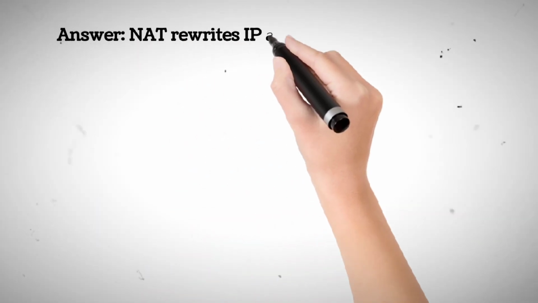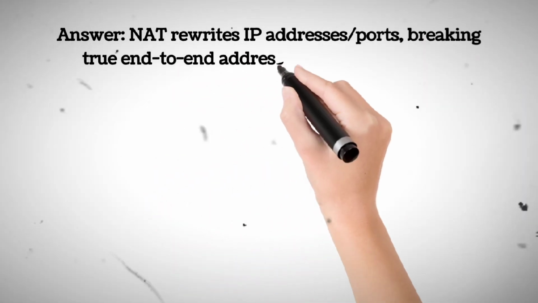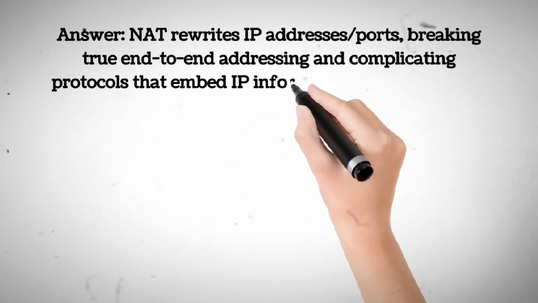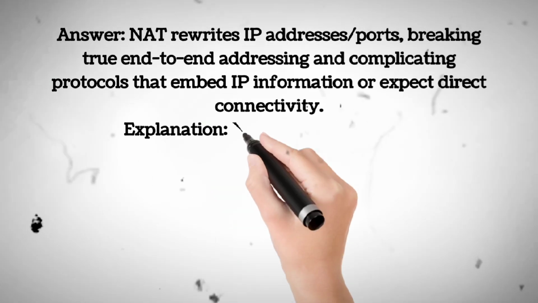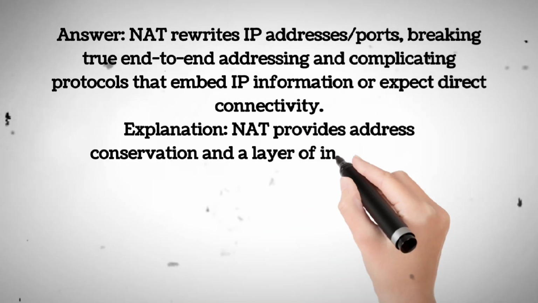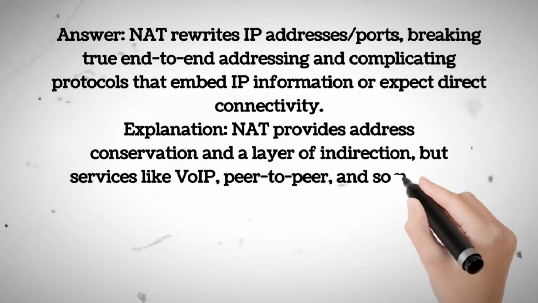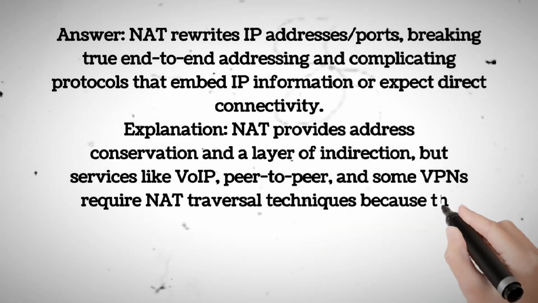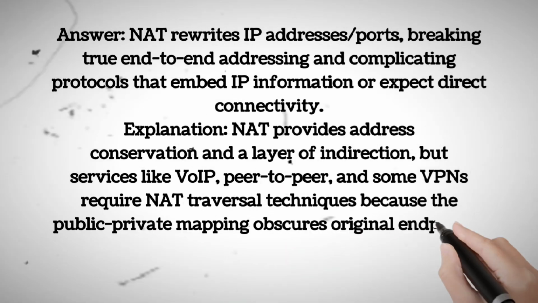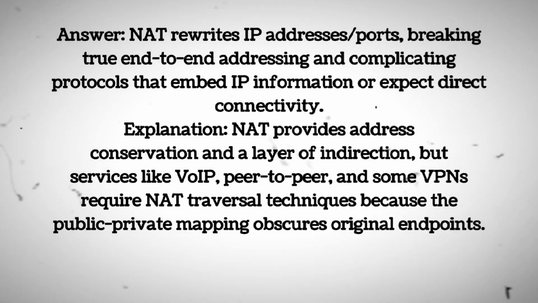Answer: NAT rewrites IP addresses and ports, breaking true end-to-end addressing and complicating protocols that embed IP information or expect direct connectivity. Explanation: NAT provides address conservation and a layer of indirection, but services like VoIP, peer-to-peer, and some VPNs require NAT traversal techniques because the public-private mapping obscures original endpoints.